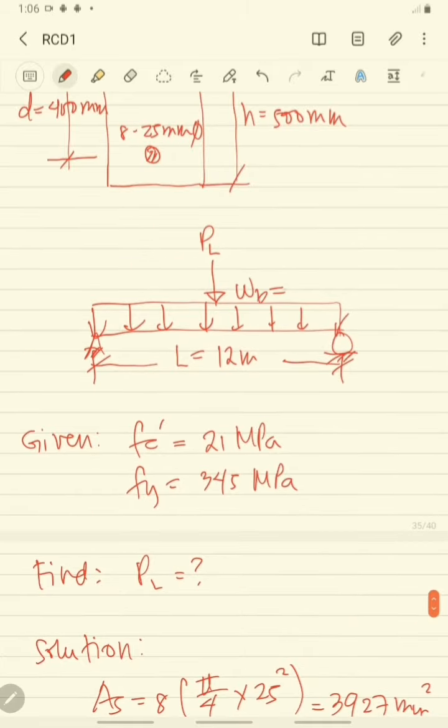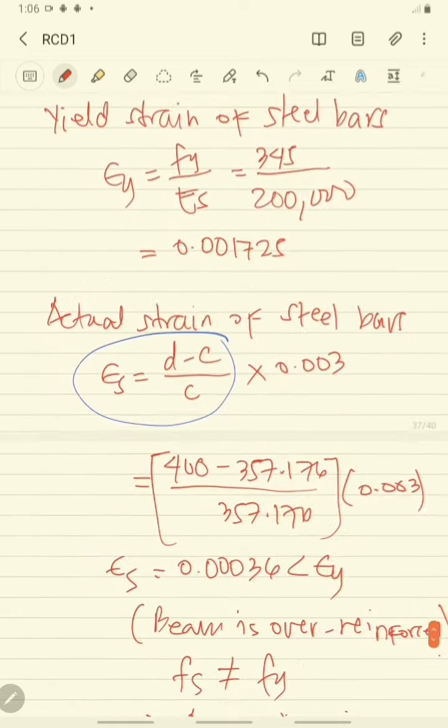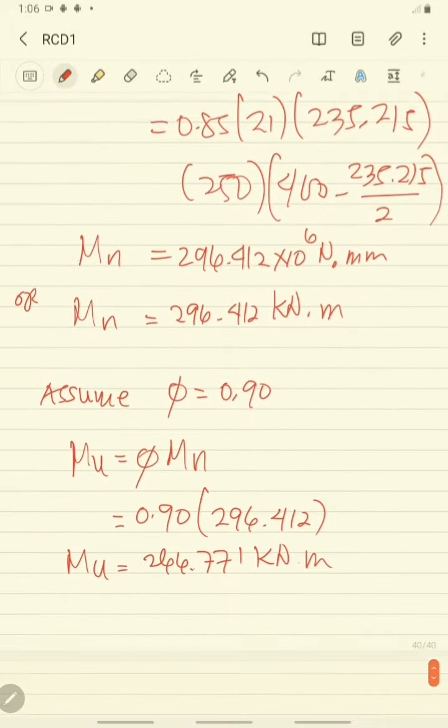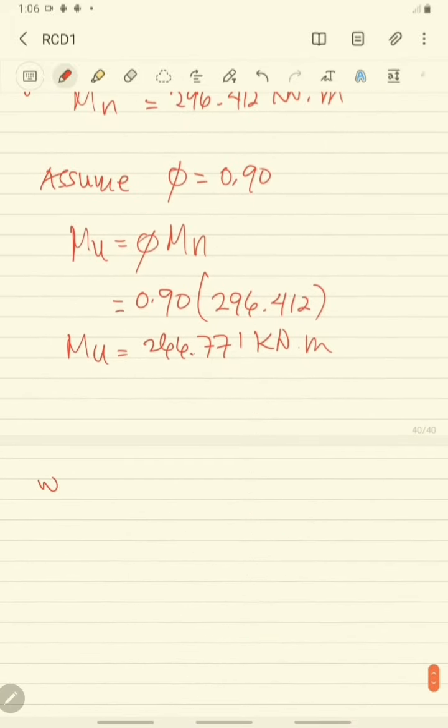Now the weight of the beam, in kilonewton per meter. We have the dimension of the beam, so we can compute the weight of the beam, WB.